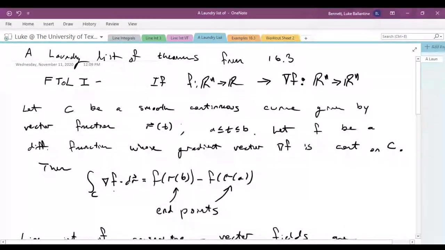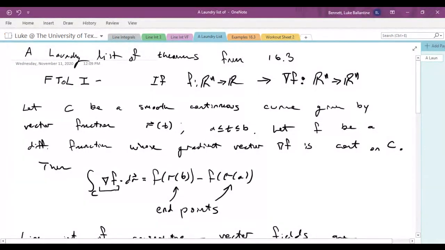So this del f is really a vector field, a gradient vector field, a special type of vector field. Then we just plug in the endpoints into the little f, that is f of r of b minus f of r of a.